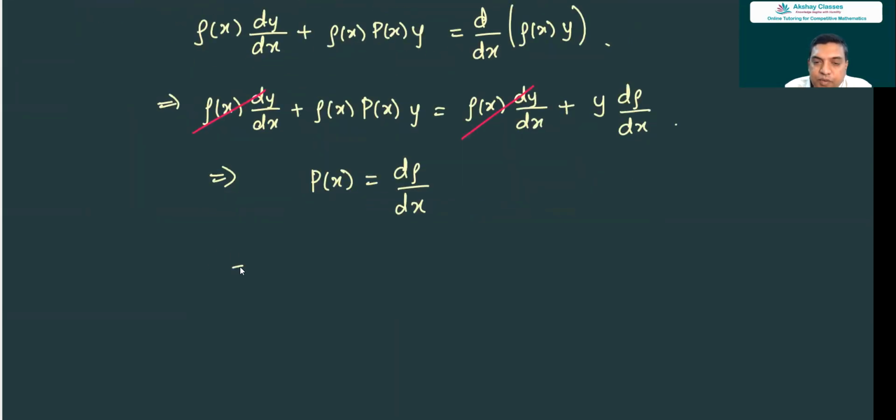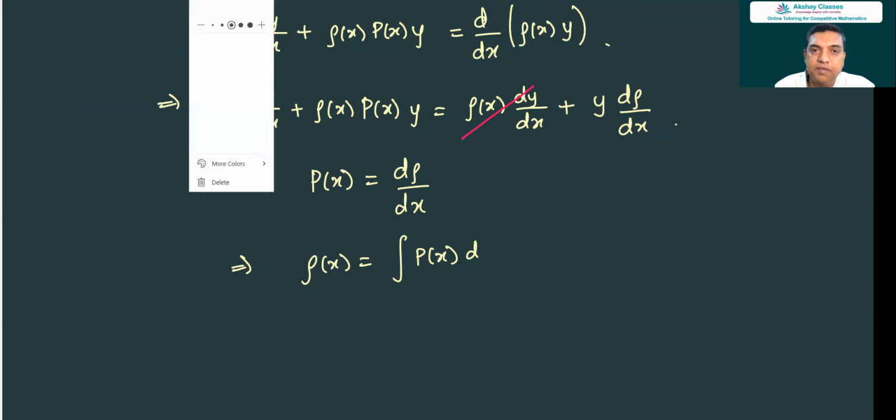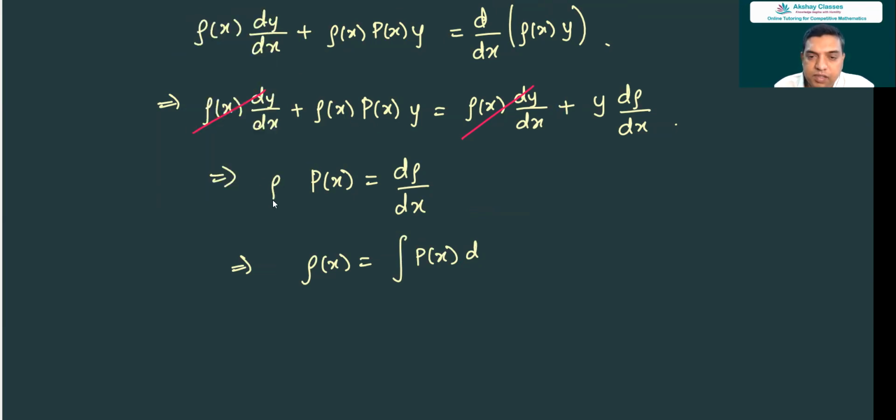Very interesting. So from here, we have rho of x into p of x is d rho by dx.